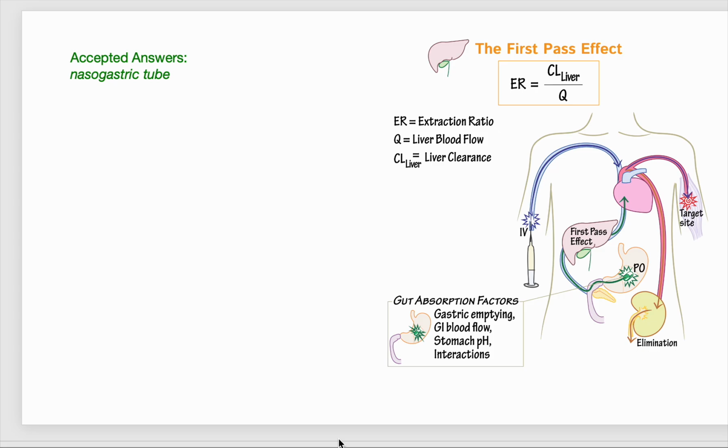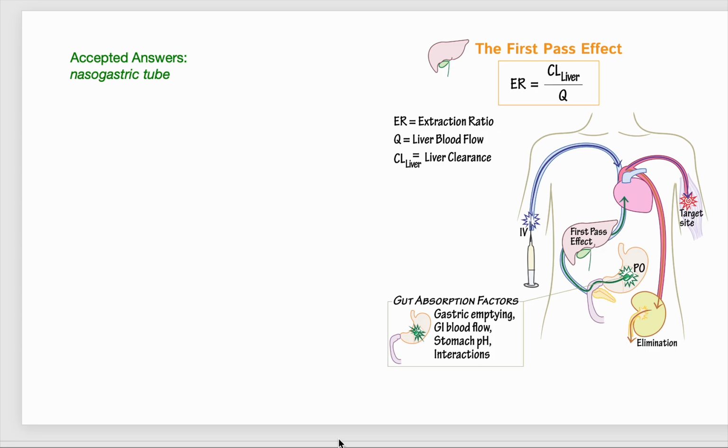So the first pass effect does not apply to all the different routes of administration where the drug is directly injected or directly given into the systemic circulation, like in case of intravenous injection. Because the injection is directly given into the circulatory system, it bypasses the first pass effect.